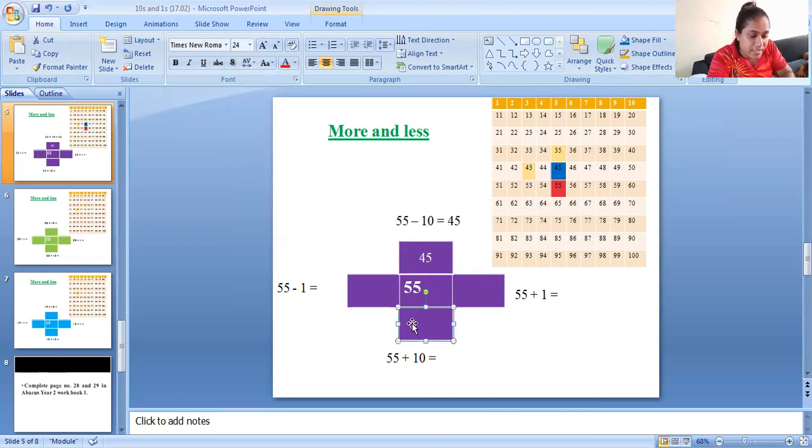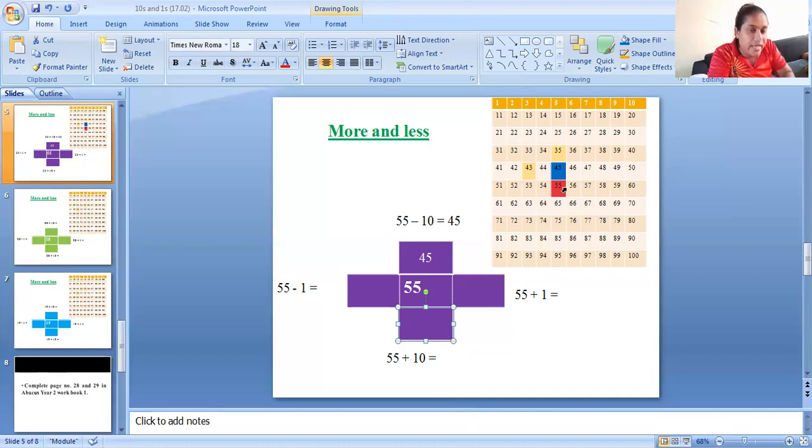And now here I should find the number that is 10 more than 55. That means 55 plus 10. Here I have mentioned that I should find the answer 55 plus 10 to fill the blank. Let's see.